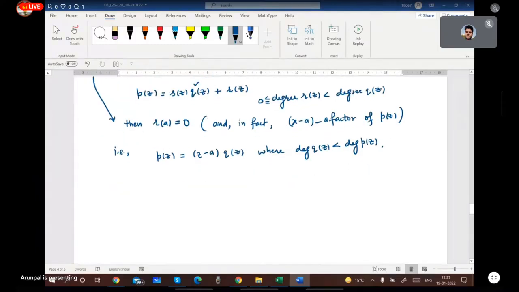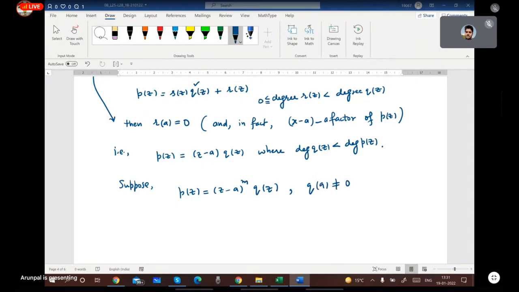And class, suppose we go on getting that again and again, a coming out to be a root of p(z), and we lead to such a situation where p(z) is (z minus a) to the power m times q(z), and q at a is not 0.